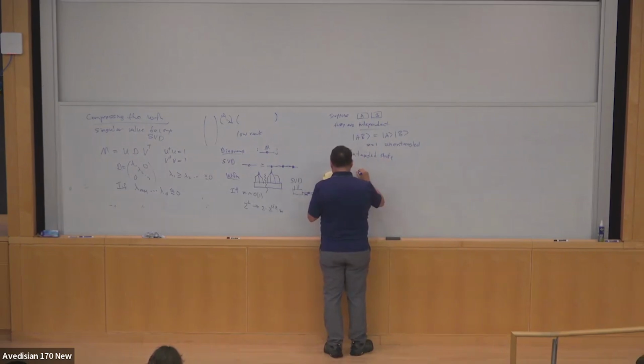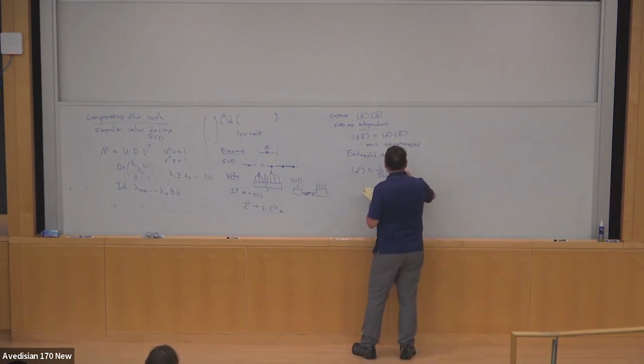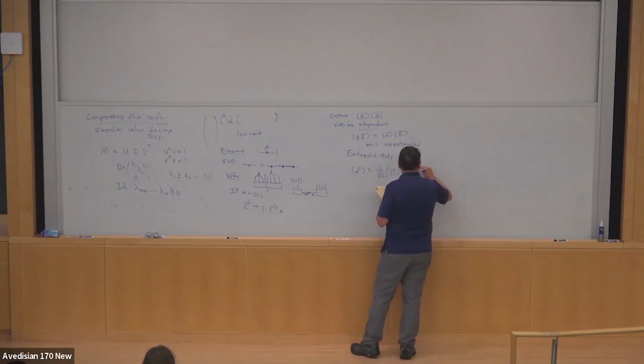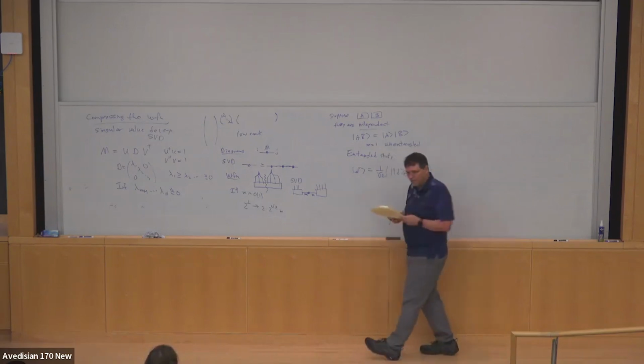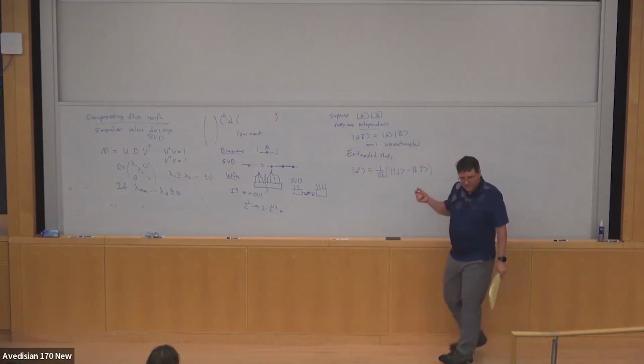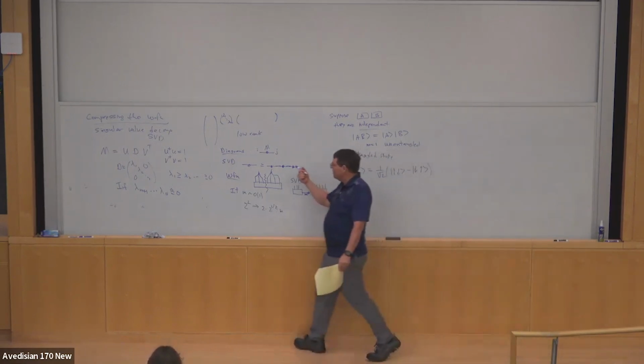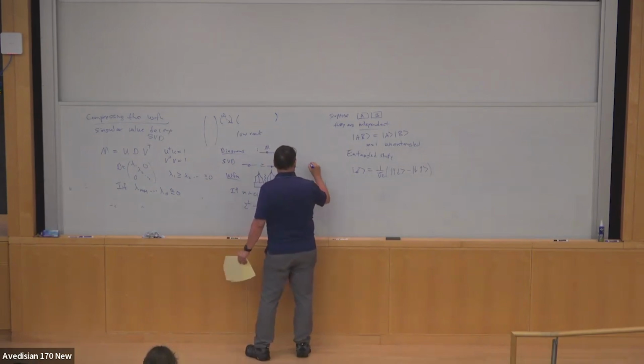we can think of our good friend, the singlet, or Bell state, 1 over root 2 up, down, minus down, up. Okay, and this is already in Schmidt decomposed form. Sorry, the SVD, this is synonymous with the Schmidt decomposition.